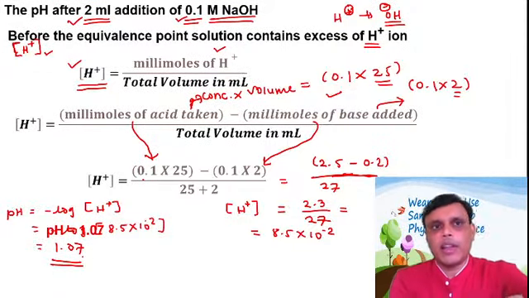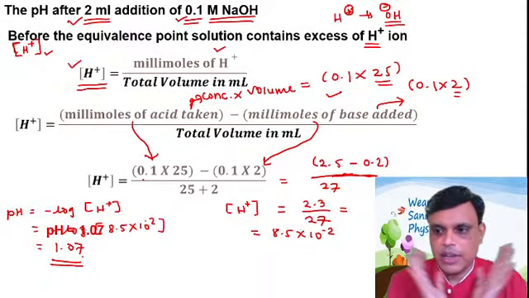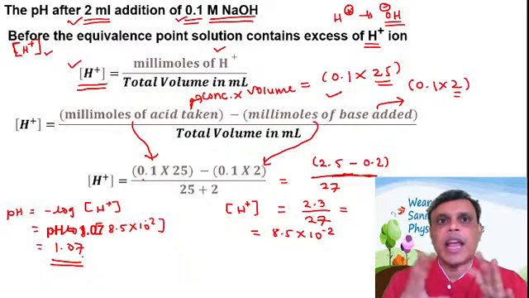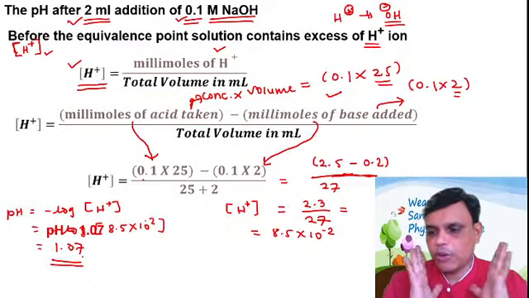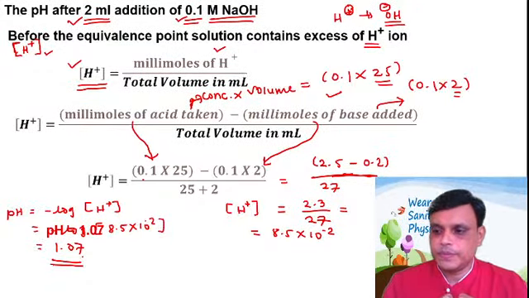So in this way, you can calculate the pH at any instant, at any time, at any volume of NaOH added. Yes or no, can you calculate the pH? Can you or can't you, tell me. You have the formula of H plus ion, that is millimoles of H plus divided by total volume. How will you calculate millimoles of H plus?